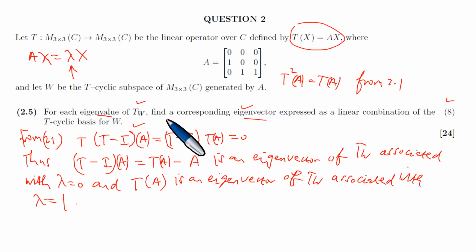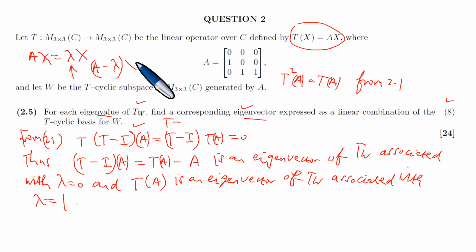Because this is like a T minus the thing that sits next to the I, which is lambda. If you have a matrix like this, you can write it like that.